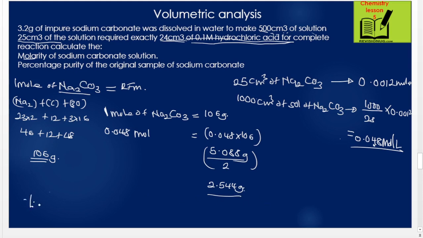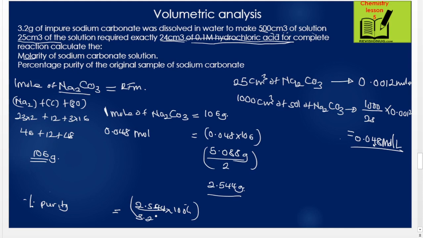Then when you are getting the percentage purity, this is going to be the pure sodium carbonate, that is 2.544, out of the total, that is 3.2, then times 100%. So this is 2.544 divided by 3.2.